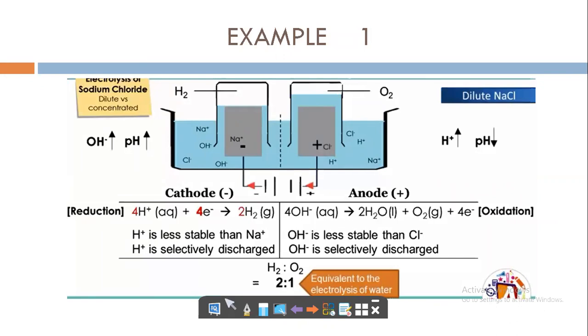Now, when we look at the electrolysis of aqueous sodium chloride, with aqueous salts, there are two types of questions. You can have questions about dilute aqueous salt or concentrated, and the questions slightly differ.